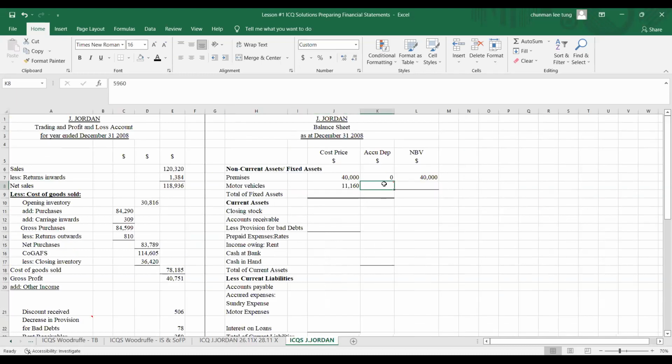Very simple. So it will be your $2,100 plus your $38.60, which will be $59.60. Were you all able to get that answer?